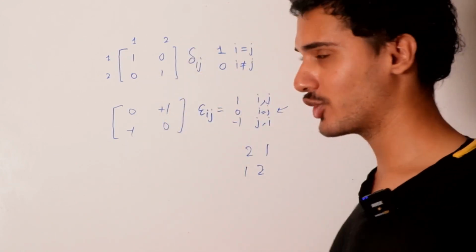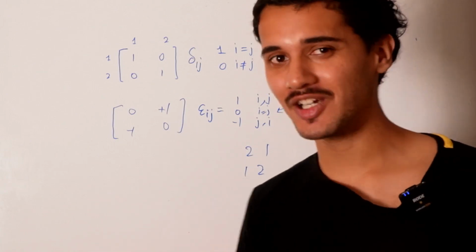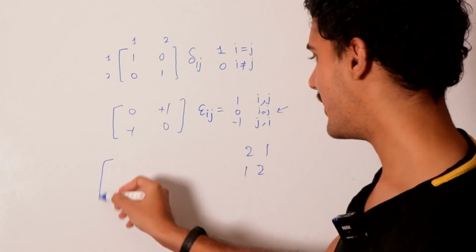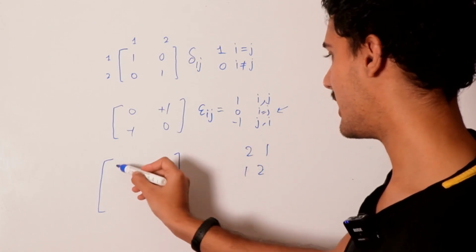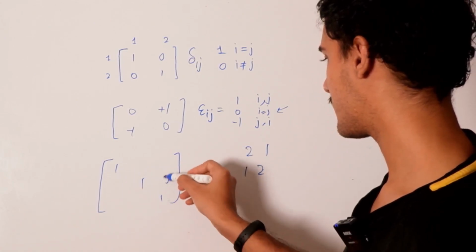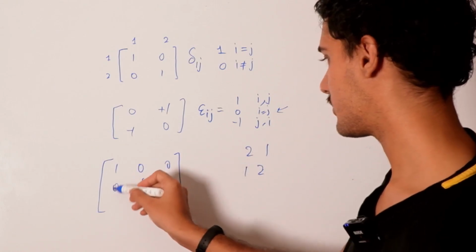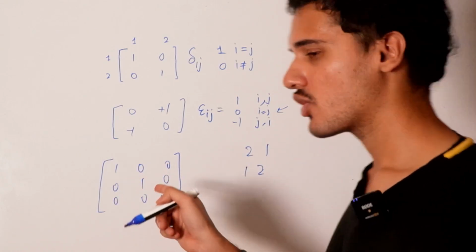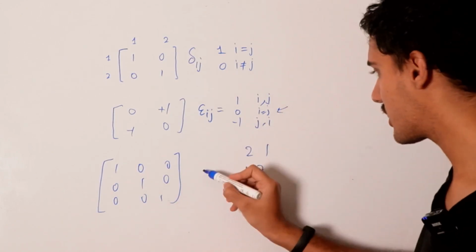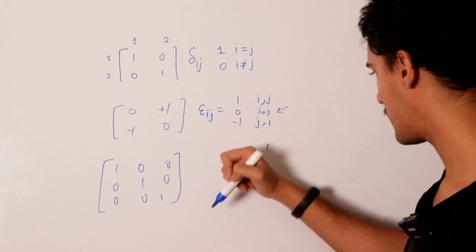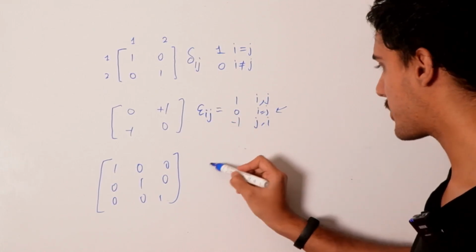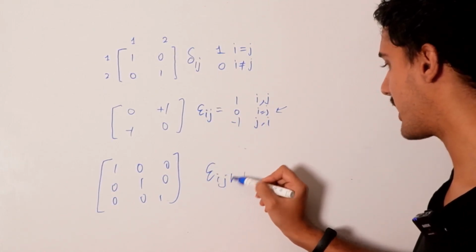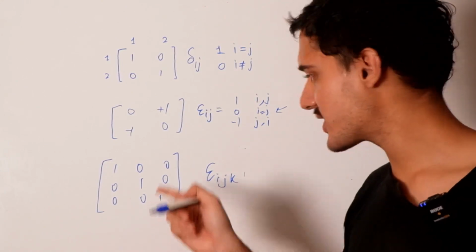Now I ask you this, and try to pause the video and work this out yourself. When we have a 3 by 3 identity matrix, what is the corresponding antisymmetric, the arch nemesis of this?